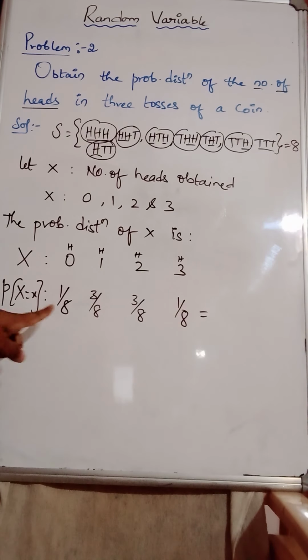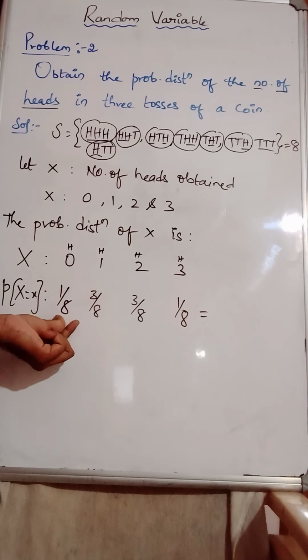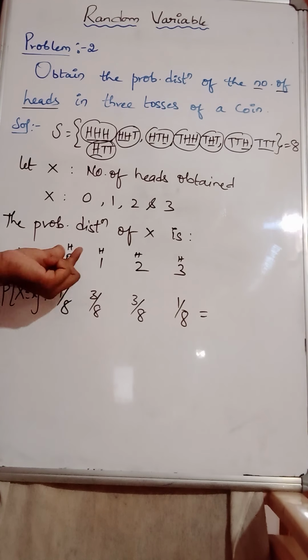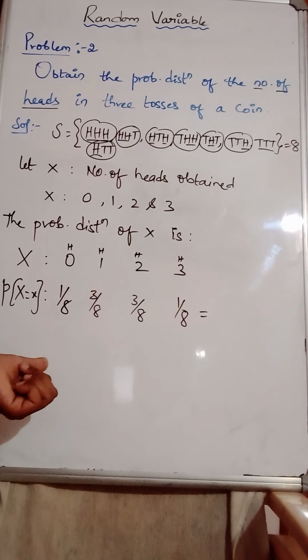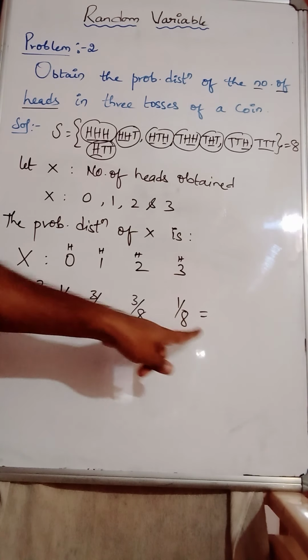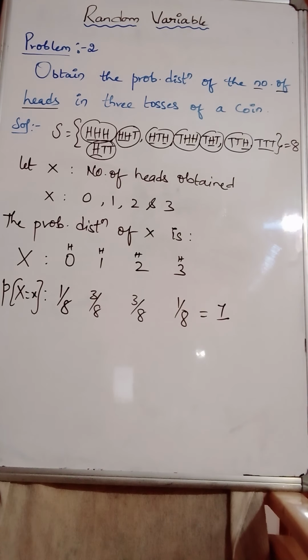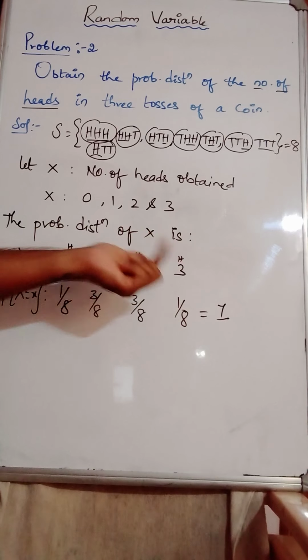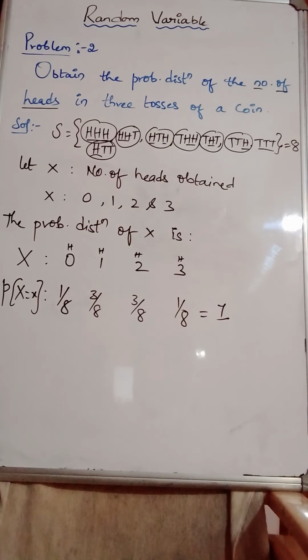Look at here. The probability of any sample point, the probability of the real value, becomes positive. There is no negative value here. At the same time, the total probability is always equal to 1. What I said, 3 conditions. First, for any random experiment, observe the sample space and identify the real values according to the condition given, that is, what is to be calculated, the probability distribution.